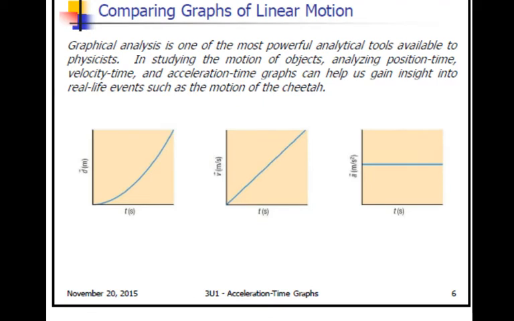So now let's look at all three of these graphs that we looked at. We have a distance time graph shown on the left. It's got a curve, a quadratic type curve. That means that is non-uniform motion. That means that there is a change in the velocity.